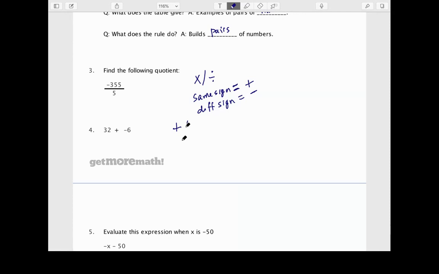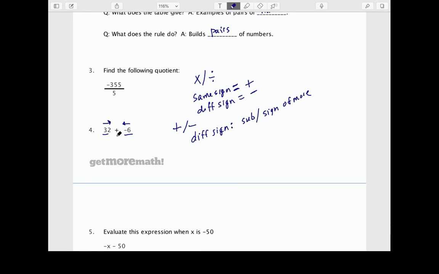With add and subtract, it's different. If you have different signs, you're going to subtract the numbers, and it's going to be the sign of the bigger one, which one had more. So in this case, we have different signs. If positive 32 and negative 6, we have to find the difference.